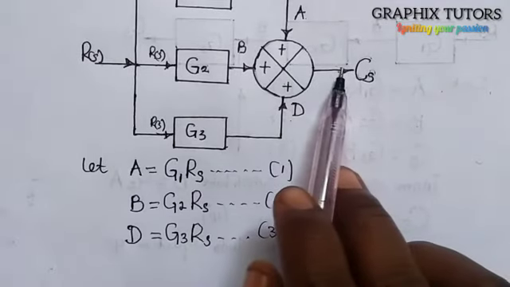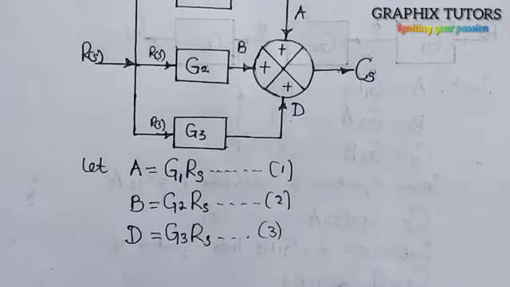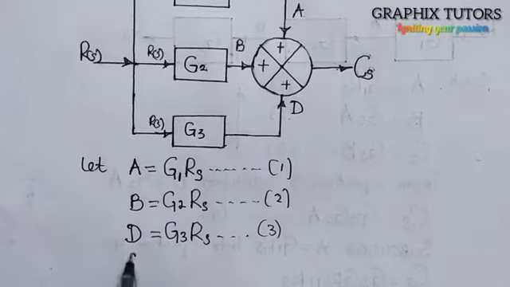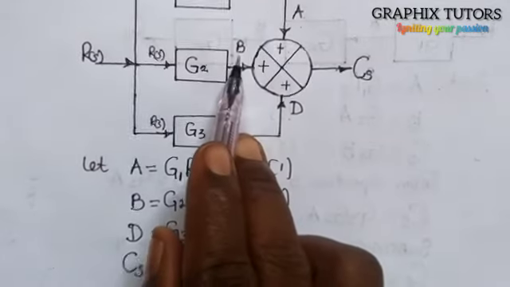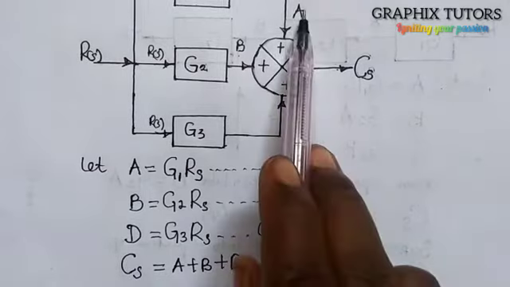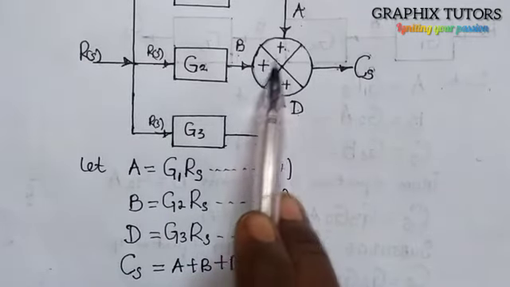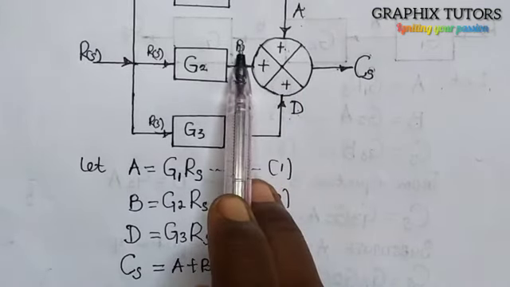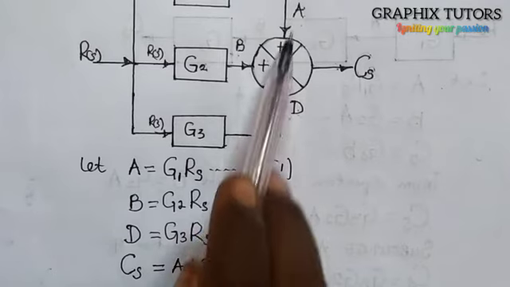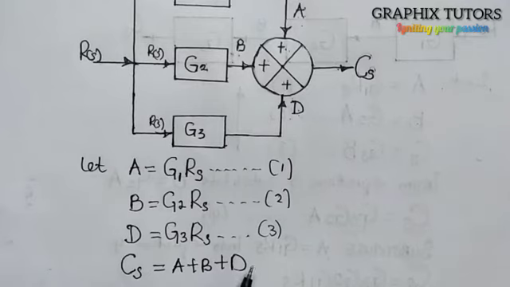Now, the total function that will be here will be the addition of these 3, because they are all plus plus. So the CS here, the output signal, will be equal to A plus B plus D. If there's a minus here, it will be A minus B plus D. If there's a minus in these two places, it will be A minus B minus D. So it is a very important function here.